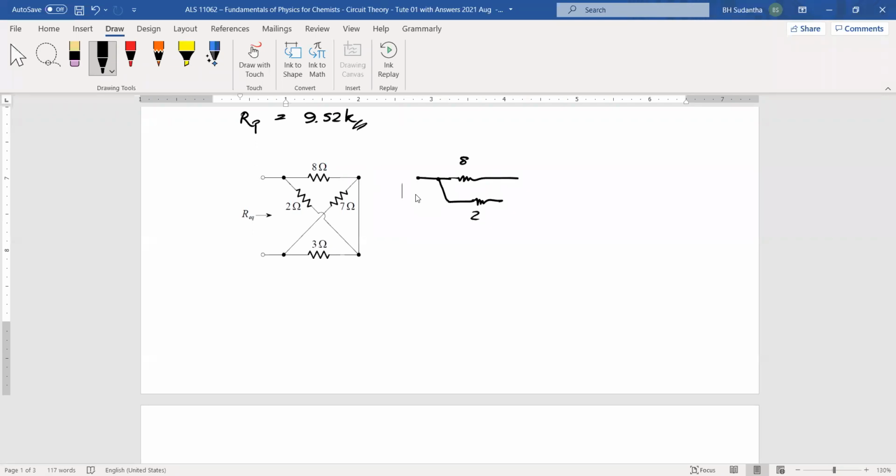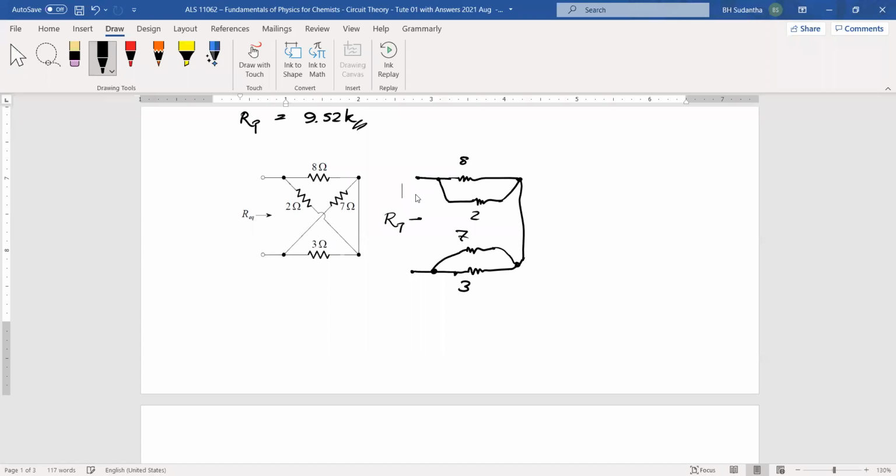This 2 ohm resistor and 8 ohm resistor, the other two ends have been connected together, like this. Now we have this wire, and from the other end, we have this 3 ohm resistor, and this 3 ohm and 11 ohm, these ends are connected together. Then after that, this 3 ohm and 7 ohm resistors, the other terminals have been connected together. Then it's something like this.